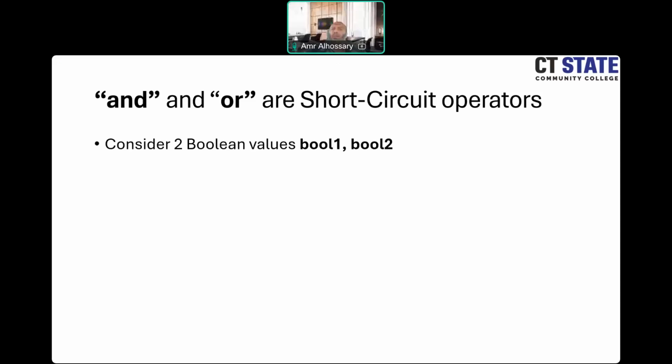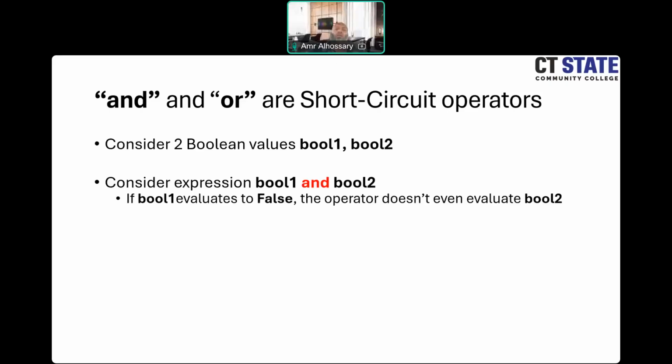Say we call them A and B. Consider the expression bool 1 and bool 2. So if bool 1 evaluates to false, we know that and produces true only in case both of them are true. So if the first one is false, the operator doesn't even bother to evaluate bool 2. It returns false directly without evaluating the right-hand operand.